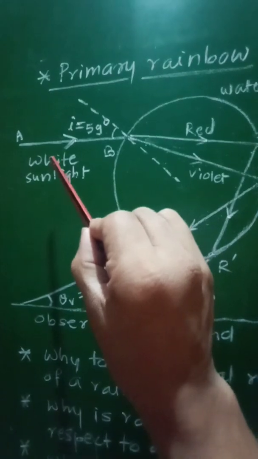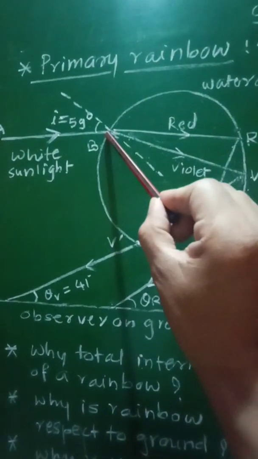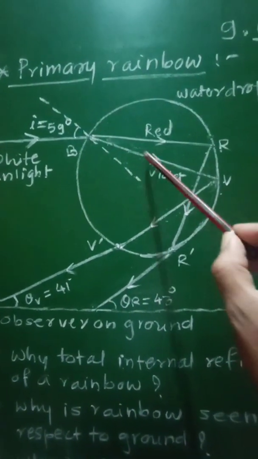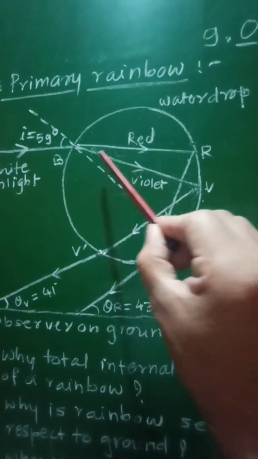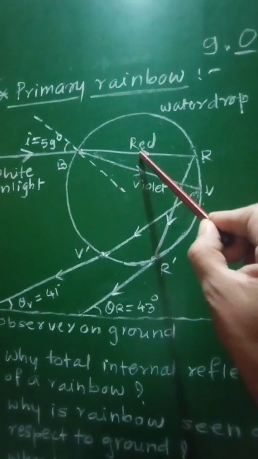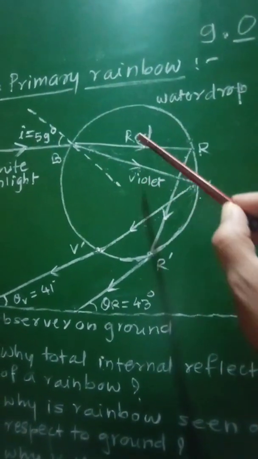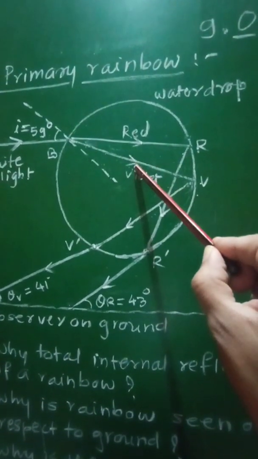When this ray of light AB strikes this water drop, it will get refracted into the water drop. This white ray of light will get deviated as well as dispersed into its constituent colors, so that red and violet will be the extreme colors.